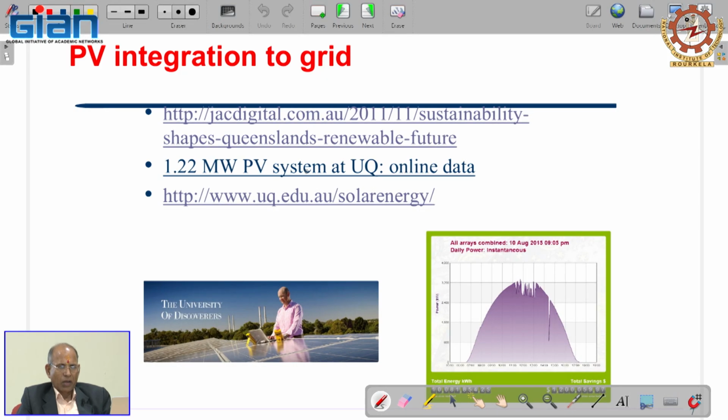You can also find some other very interesting information on this website about the practical experience of photovoltaic systems, like what type of PV systems have been used, what the storage technology is, etc. So you can get very good practical experience, lessons learned, and outcomes from these PV systems.